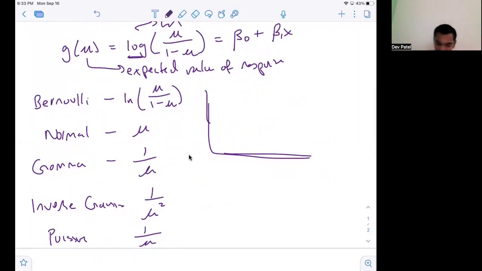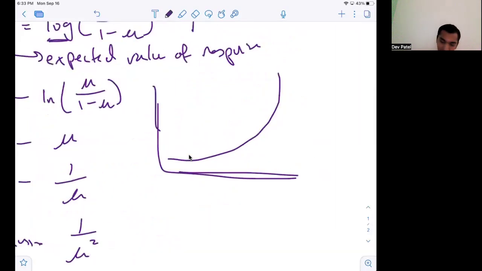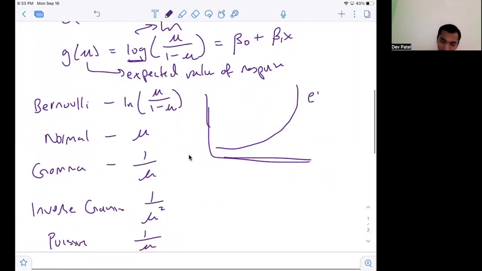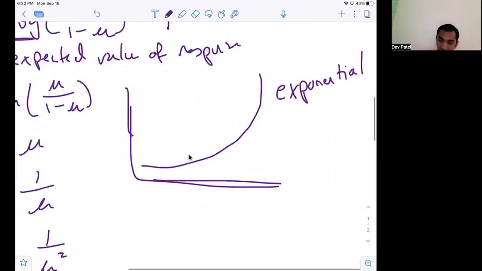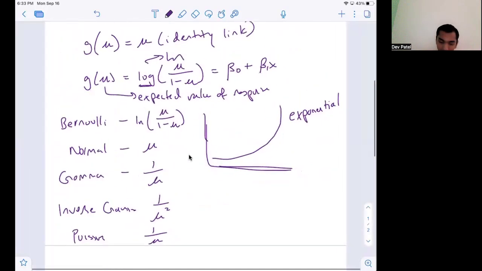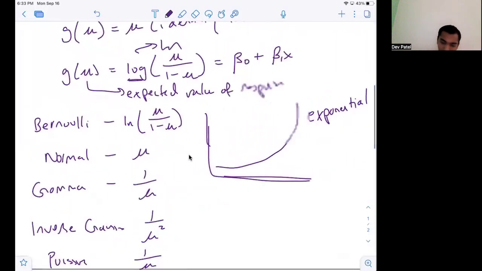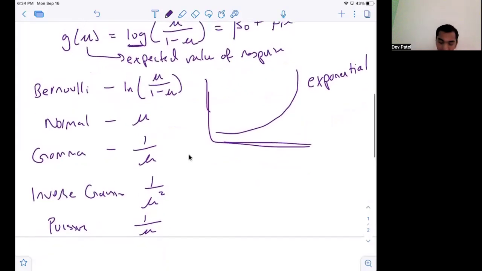Let's say that follows an exponential distribution. This is an exponential distribution. So maybe we know that the link function should be the natural log of something.